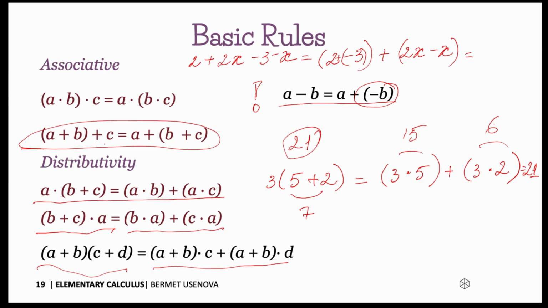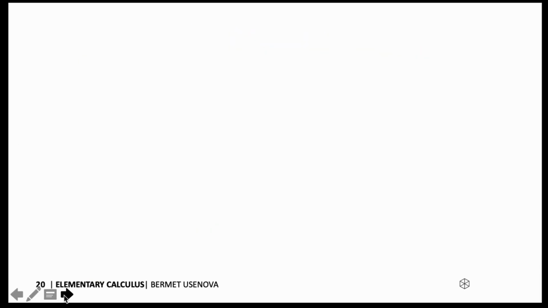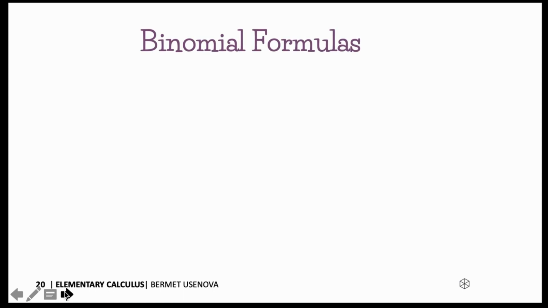So we can now perform basic operations and find out that it equals minus 1 plus x. So this rule applies to both the associativity and distributivity properties. With the help of the distributivity property, we can come up with very important binomial formulas.